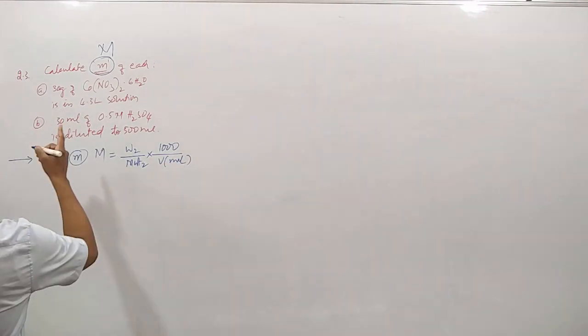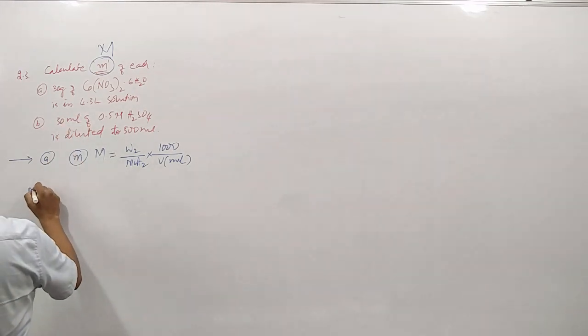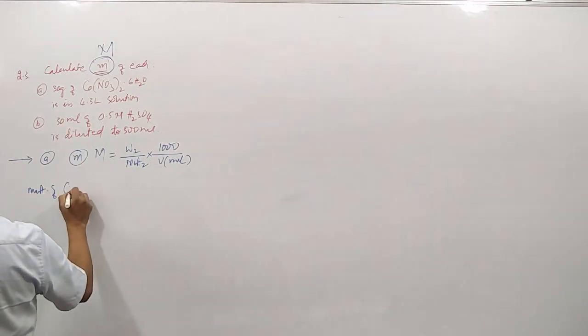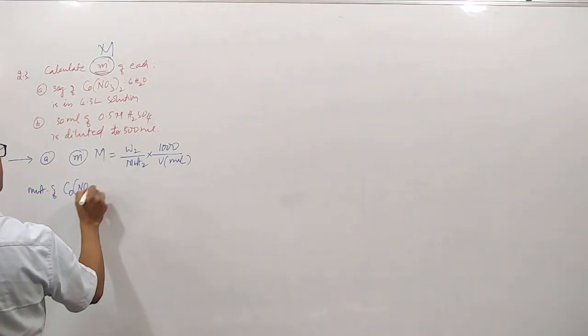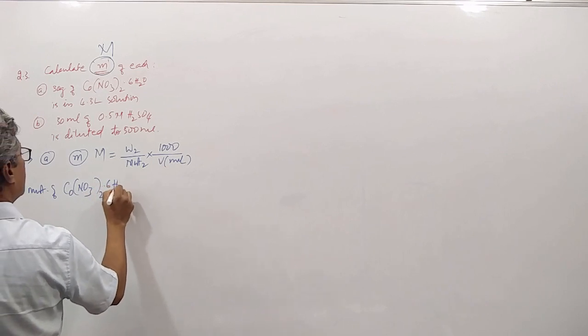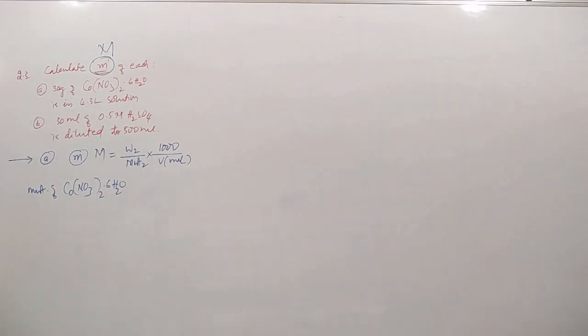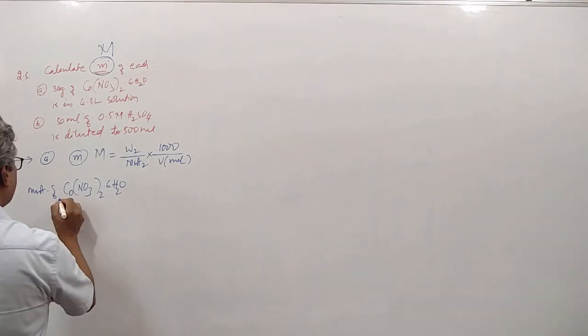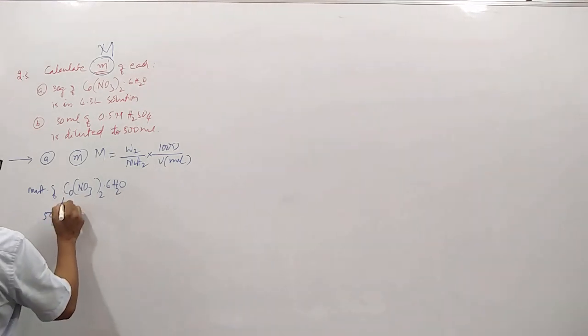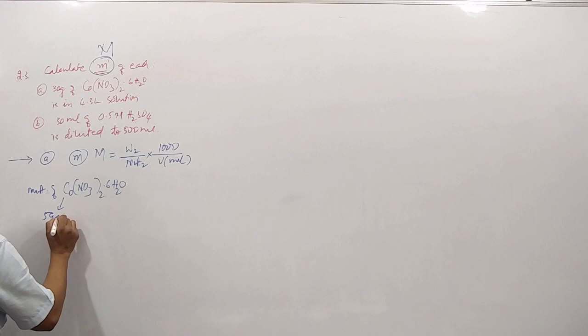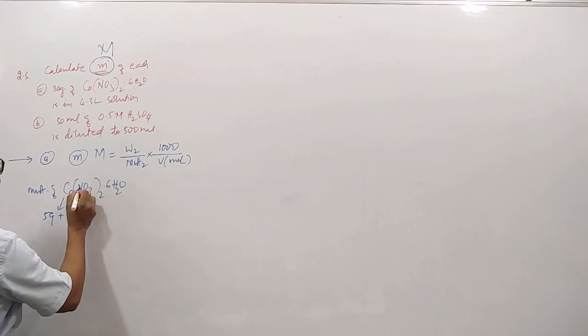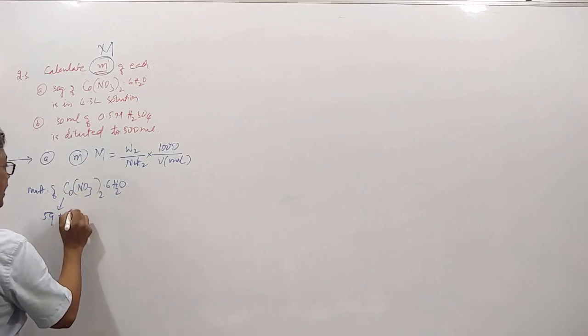Now, here you should know the molecular weight of Co(NO3)2·6H2O. Here, the atomic weight of cobalt is found to be 59. Then see, students, plus this is nitrogen.